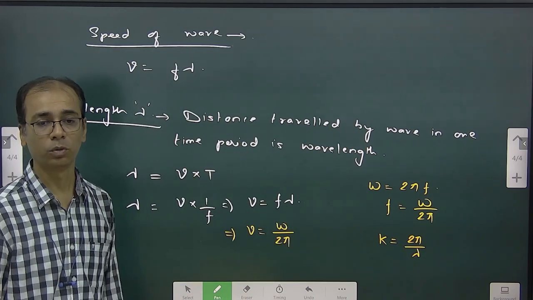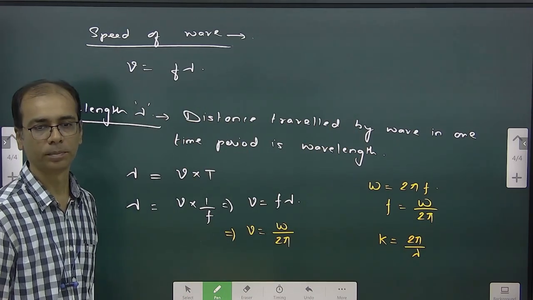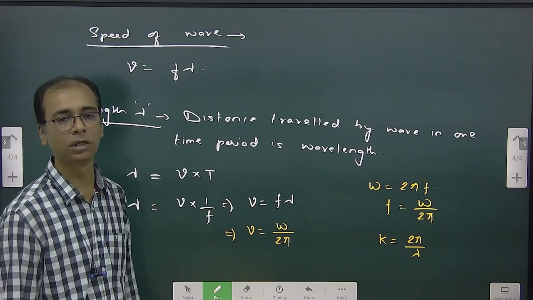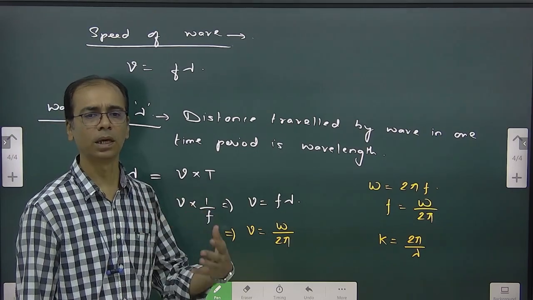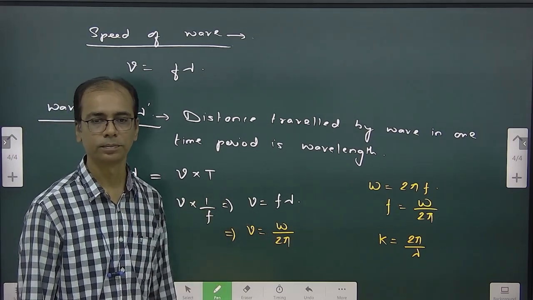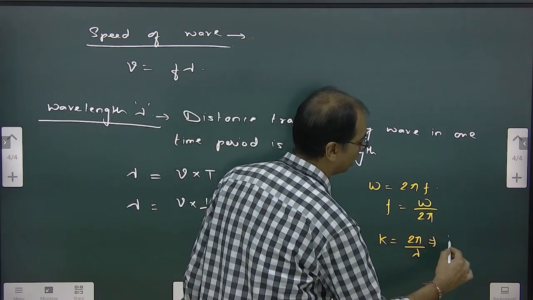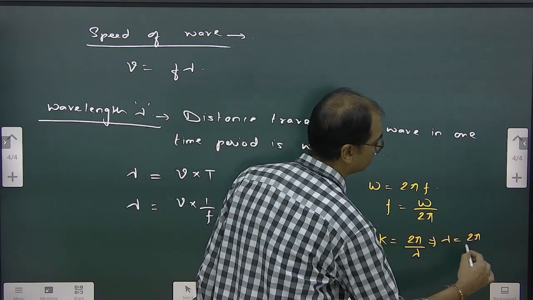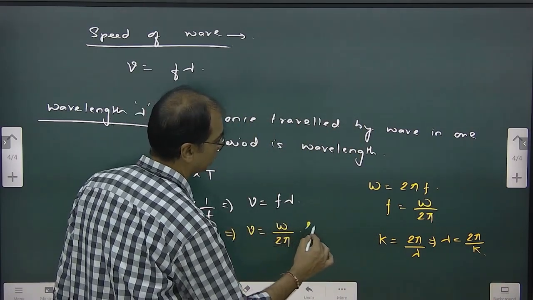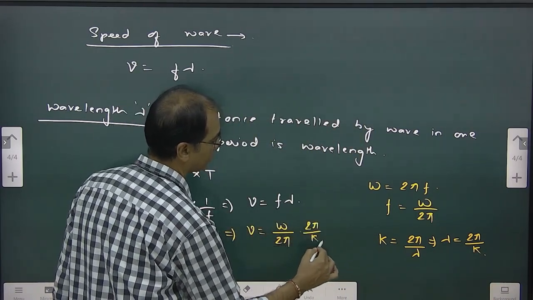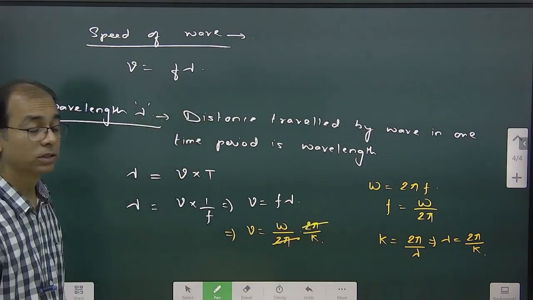Propagation constant depends on the medium. For every medium, the k value will be different. So lambda is what? Lambda is 2 pi by k. So this lambda I am going to write as 2 pi by k. So the v value we are getting is omega by k.